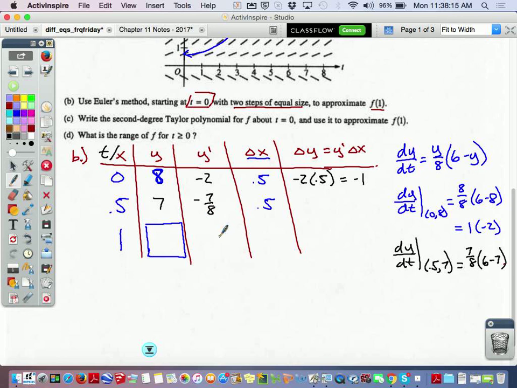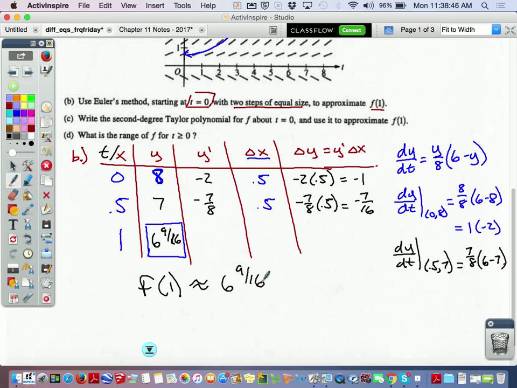If I multiply that by a 1/2, negative 7/8 times 0.5, that gives me negative 7 over 16. That negative 7 over 16 gets added to the 7, or we just do 7 minus 7/16, which would give us 6 9/16 as our final answer. So we would say that f of 1 is approximately equal to 6 9/16.